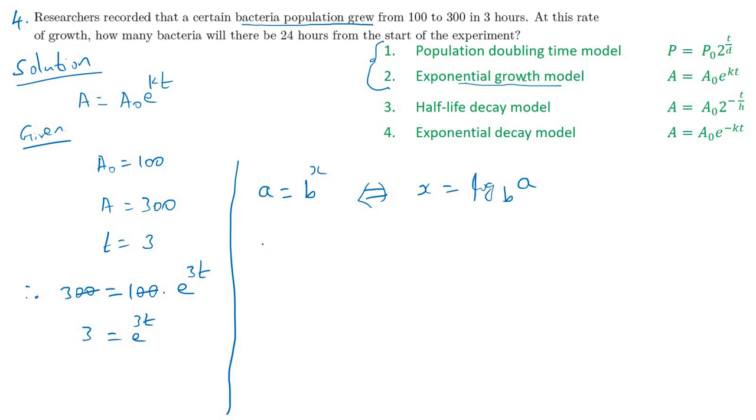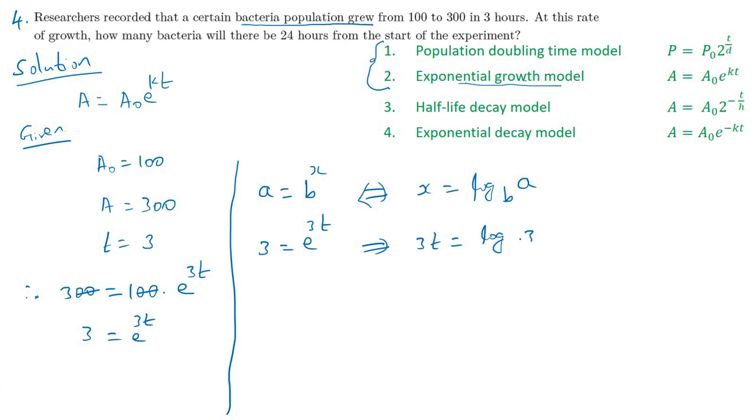Substitute here. This is 3 equal to e power 3K, which implies, I will put the arrow from one side only, 3K is equal to the x value. What is the value for a? A value is 3.